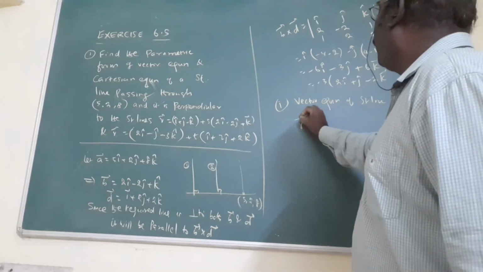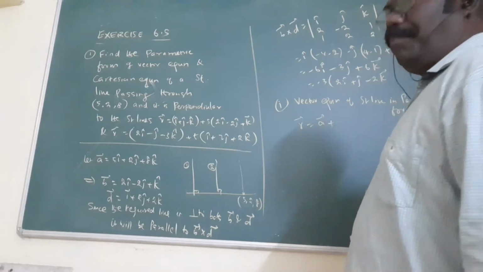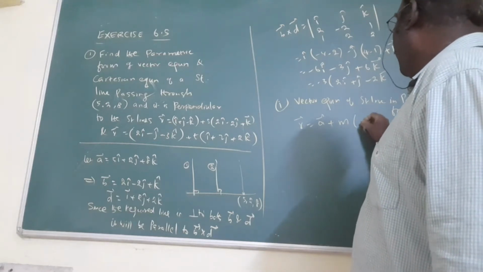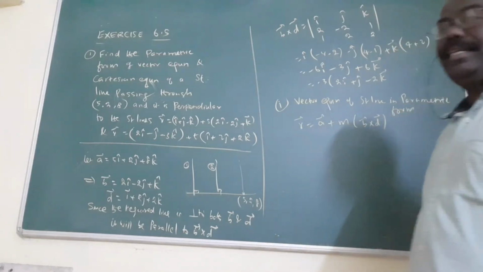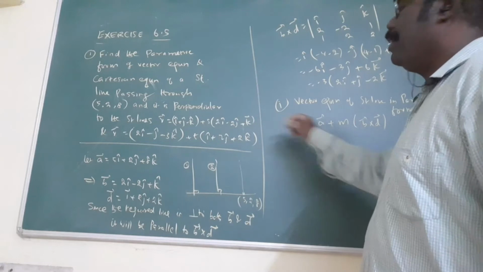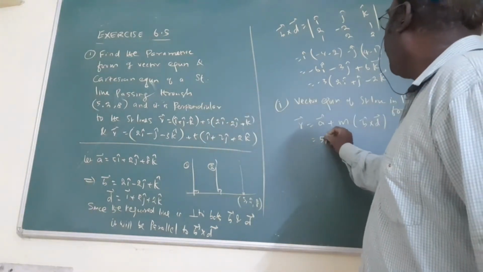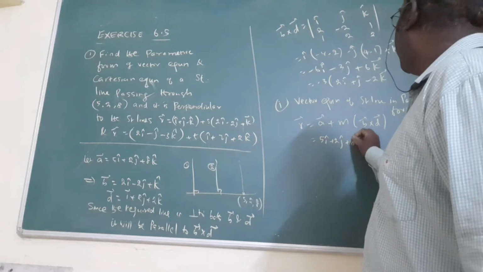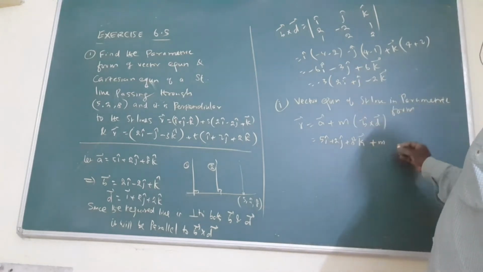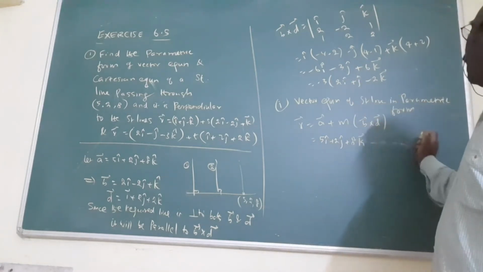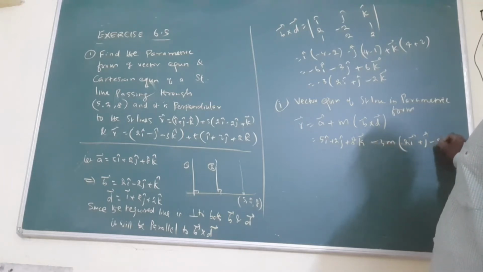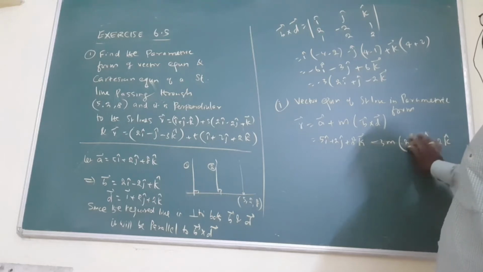What is the formula? R vector equals A vector plus some scalar, maybe M, whatever, into B cross D. Am I right? Parallel vector is only one vector, but here we have B cross D. Now A vector is already given: 5I cap plus 2J cap plus 8K cap, plus M into B cross D, which is minus 3M into 2I plus J minus 2K, all cap.